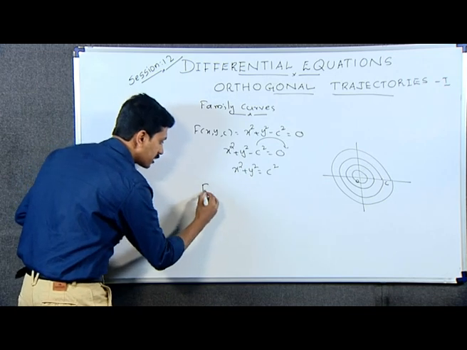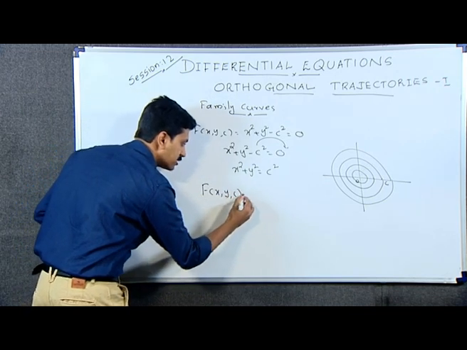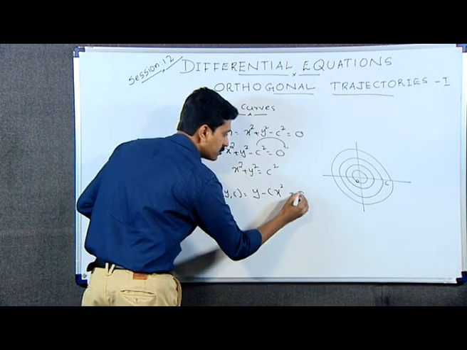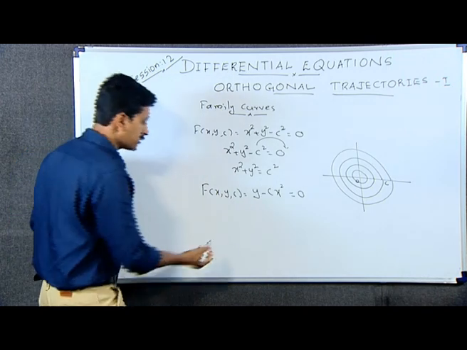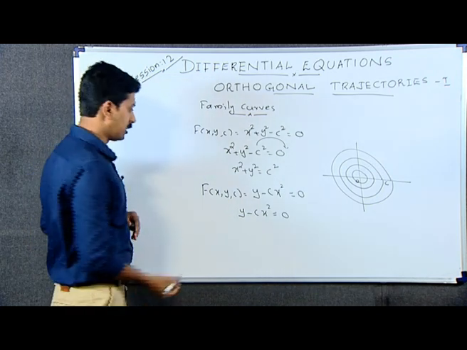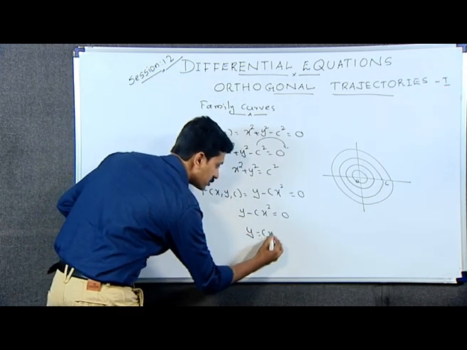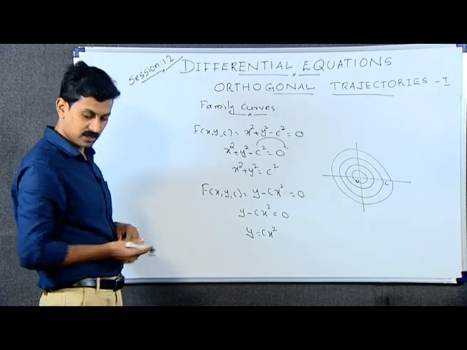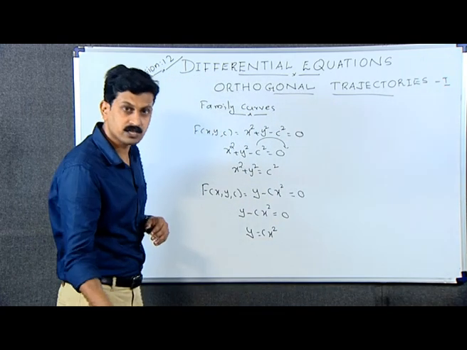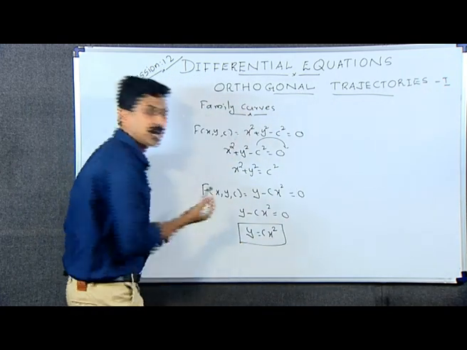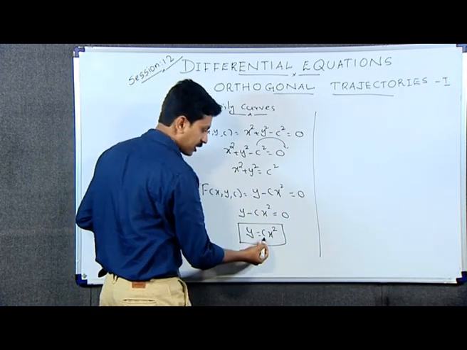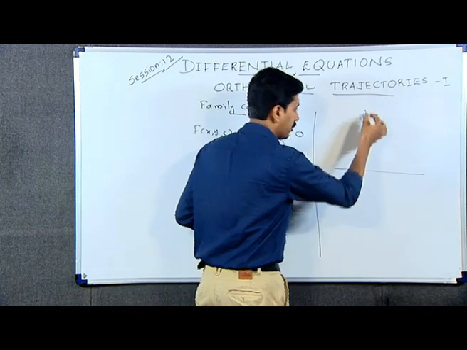Similarly, we can have another collection, f(x, y, c) equal to y minus c x square equal to 0. That means y is equal to c x square. We can understand that y equal to c x square is the collection of all parabolas, which are symmetric about the y axis.